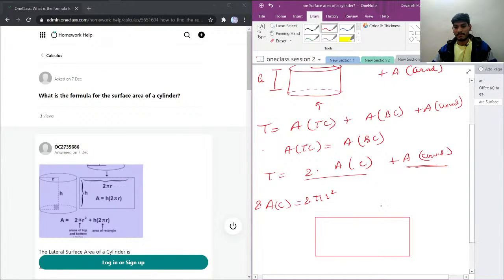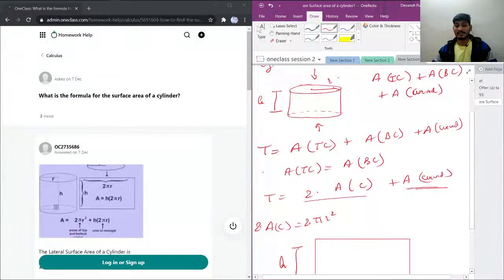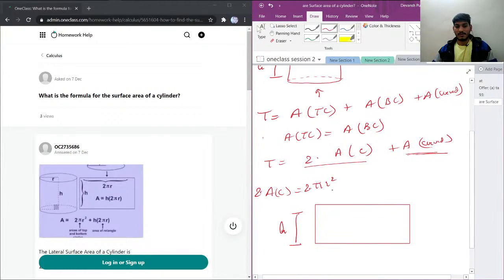The height of the cylinder is going to be the breadth of my rectangle. The length of the rectangle is going to be the circumference of the circle, because when we open a cylinder, the circumference of the circle becomes the length of my rectangle.